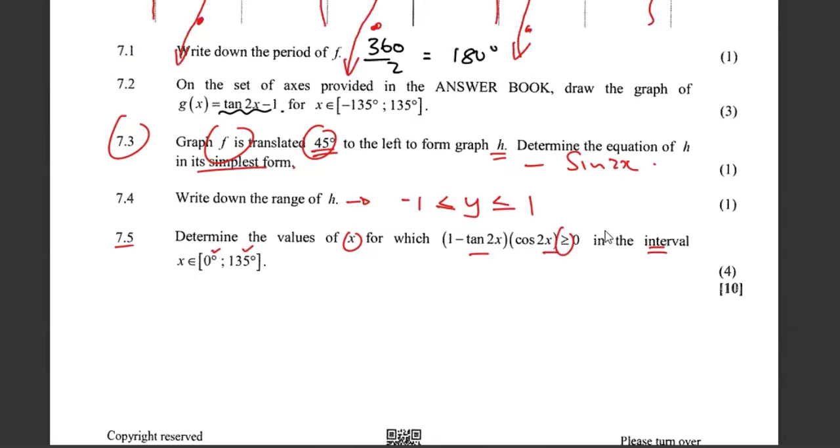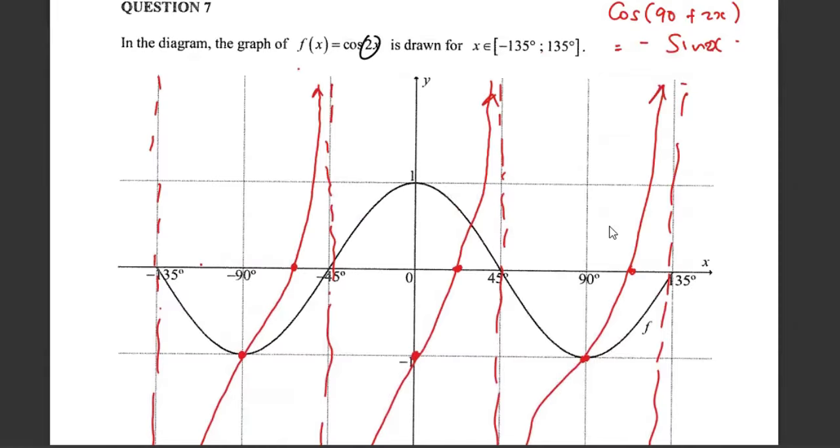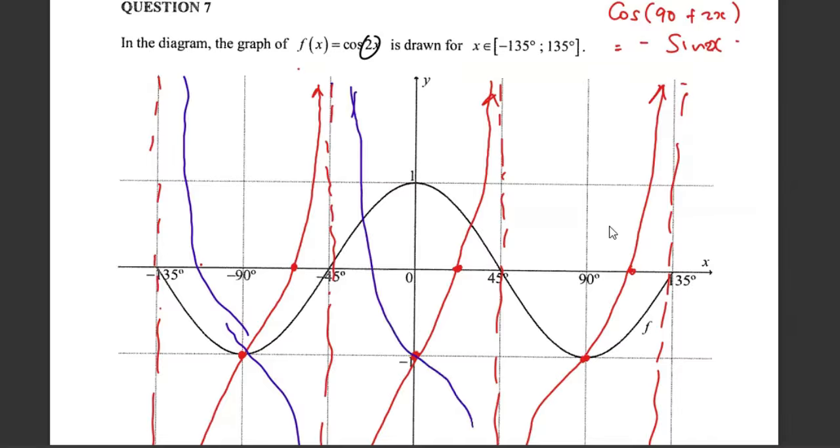So we know that 1 minus tan x is the same as negative into the tan 2x minus 1, and then the graph of cos 2x. If this graph is being flipped around, it simply means that our direction is going to be somewhere here, same story, moving in this sort of direction.